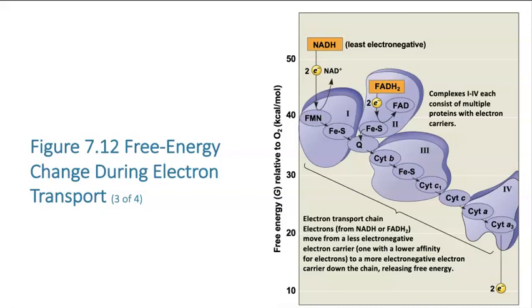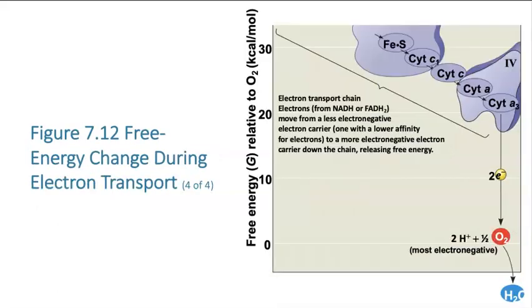But as it goes along, slowly lowering in the amount of free energy that's available, eventually that electron is going to be released into the matrix. When that happens, it's going to join up with oxygen, and that oxygen is going to accept those electrons as well as some protons and make water as the byproduct.